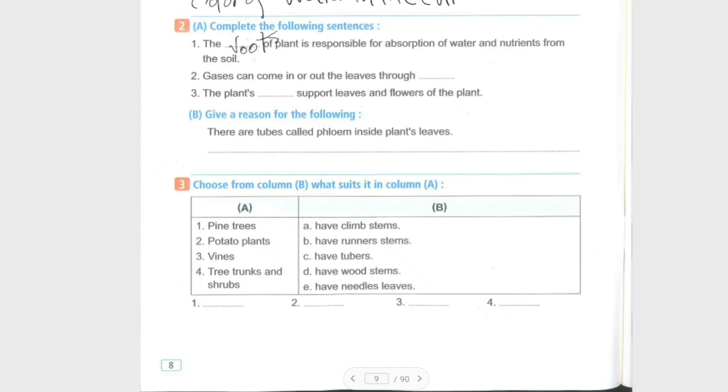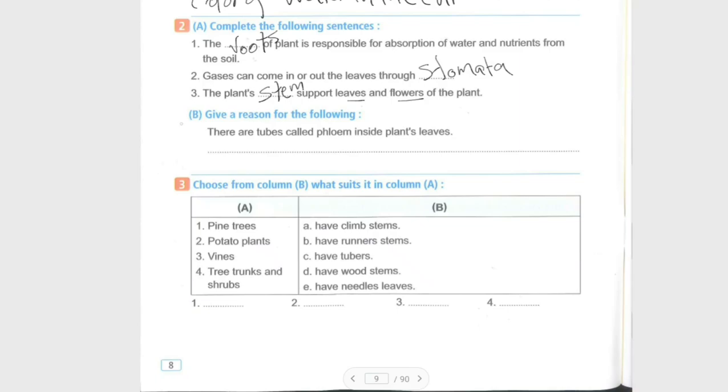Gases can come in or out of the leaves through stomata. Number 3, the plant stem supports leaves and flowers of the plant. It supports the leaves and the plant.